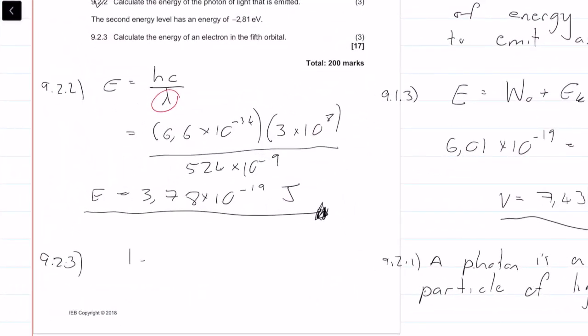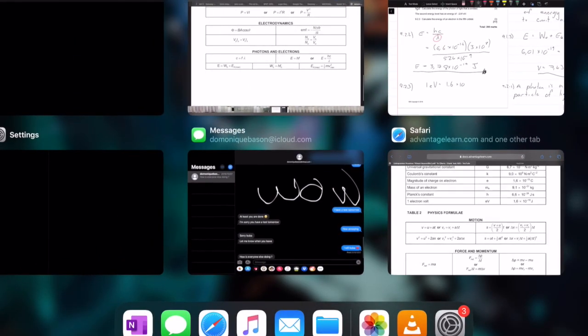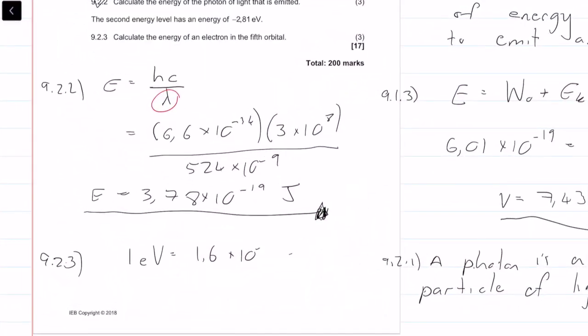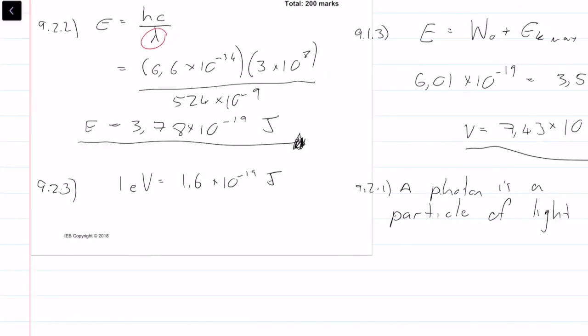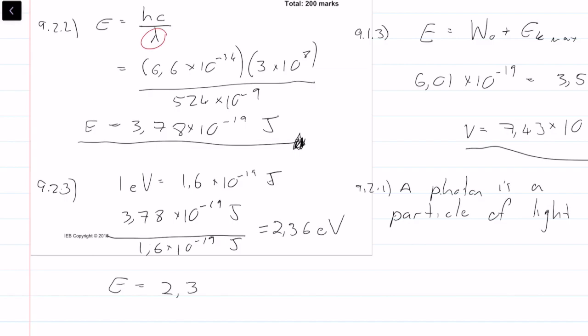So if we have 3,78 times 10 to the minus 19 joules divided by 1,6 times 10 to the minus 19 joules, we get our energy in electron volts, which is equal to 2,36 electron volts. Now we know what the value of our energy is in terms of electron volts.